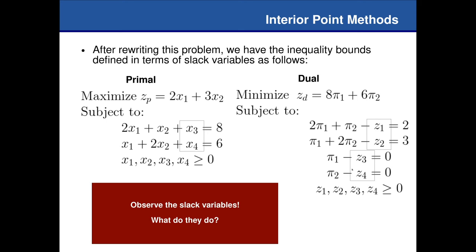Or maybe we could just add here, instead of z1, this could be pi3, and this could be pi4, as we did over here in our primal. But instead of that, they decided to completely change the variable from pi1 and pi2 to z3 and z4.